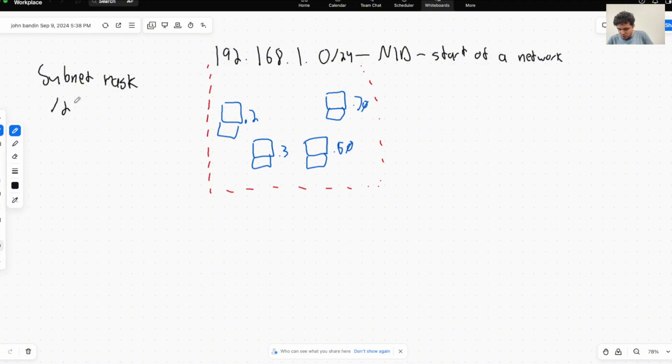So it's a /24. In dotted decimal, that is 255.255.255.0. In binary, and I'm going to change my thickness, each one of those octets looks like this.